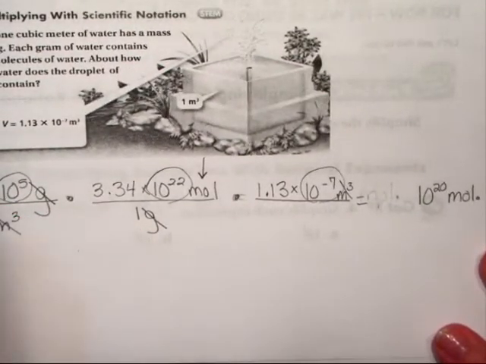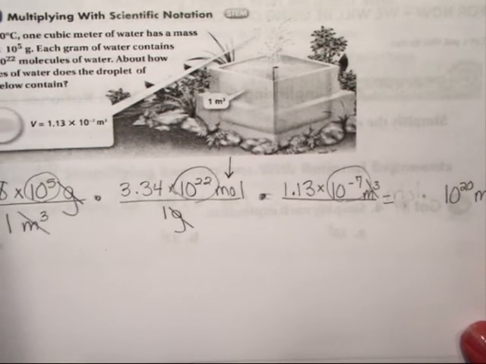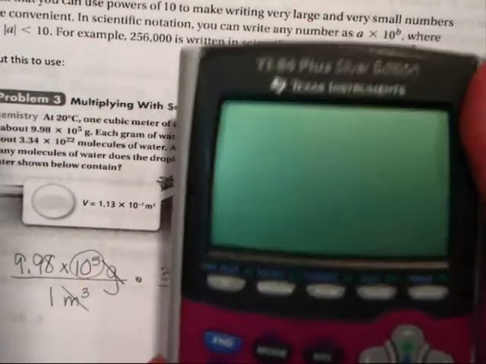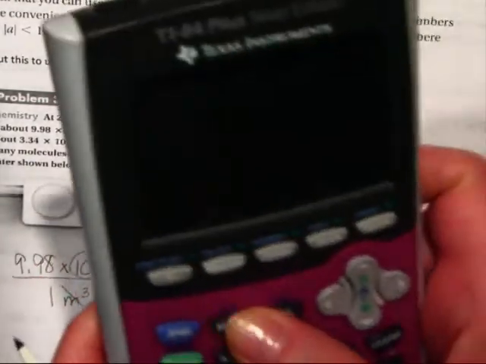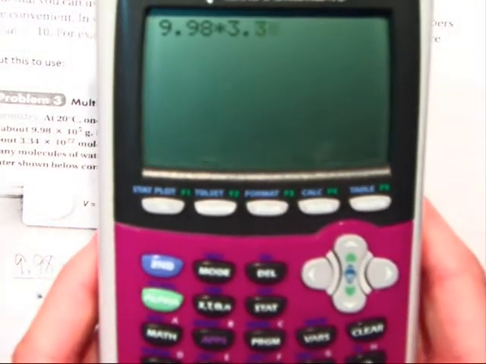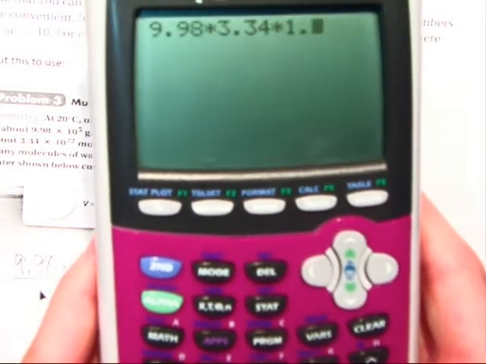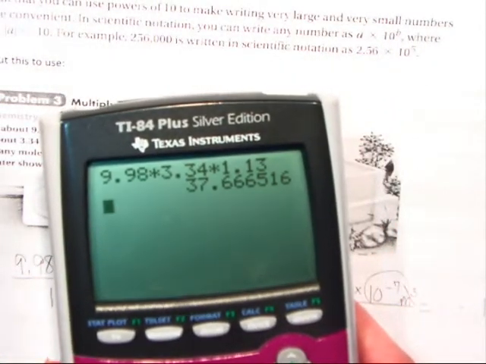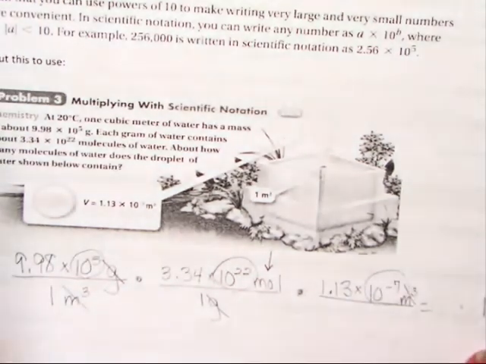Since 10 is a common base in each of these, I can put them together. The next thing I'm going to do, grab my calculator, can't do this in my head, and do 9.98 times 3.34 times 1.13, and I get 37.7 essentially.